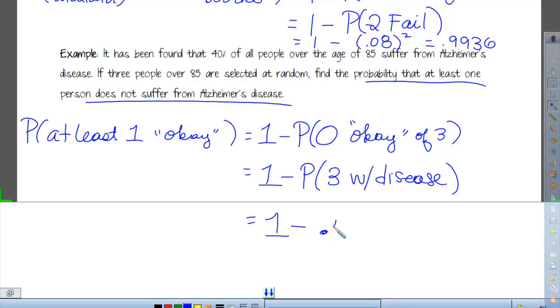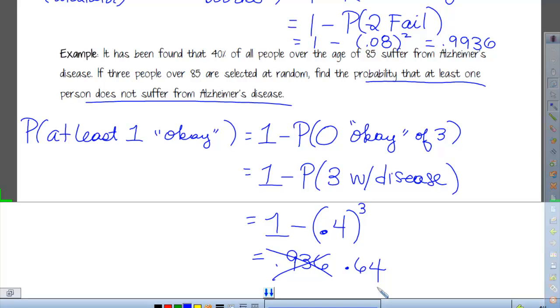So 1 minus 0.4 raised to the 3rd power, which comes up to what? Okay, 0.936. So the probability that at least 1 in 3 doesn't suffer from the disease is, so the answer is 0.64? Okay.